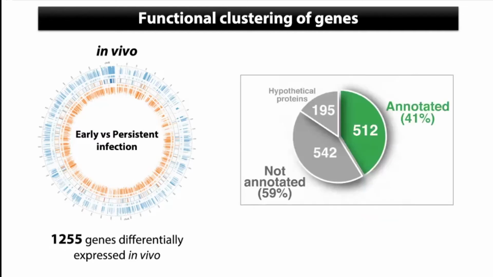But this was based on only 41% of these 1,200 genes. For the rest, we had no idea or any annotations that would give some hints. It's worth noting that there were 195 genes annotated as hypothetical proteins, that we don't really know anything about.